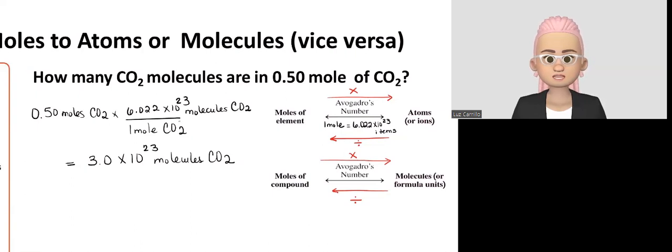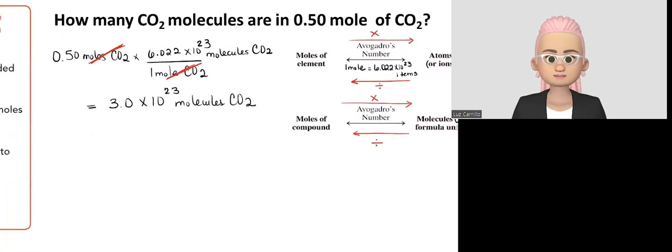Because remember, overall, the moles of CO2 will cancel with the moles of CO2. And all we have to do is multiply 0.5 times 6.022 times 10 to the 23rd. And that's how we obtain the result.